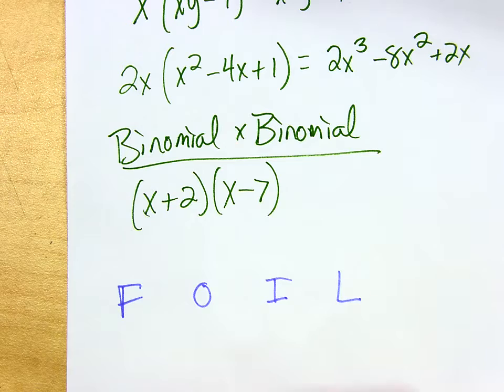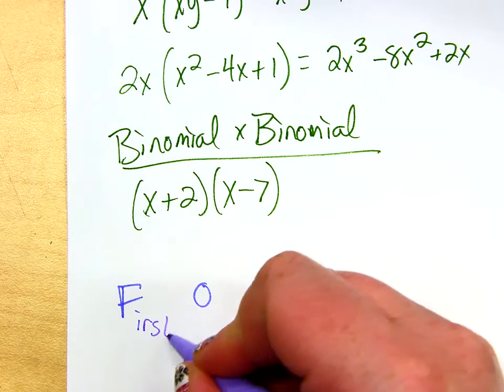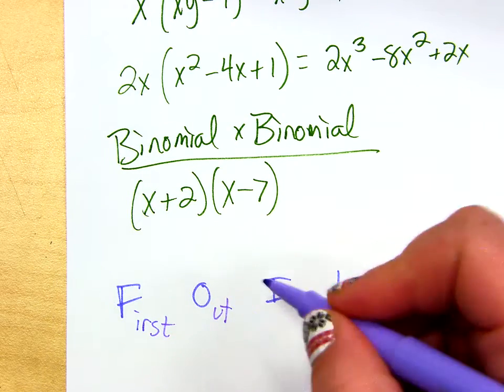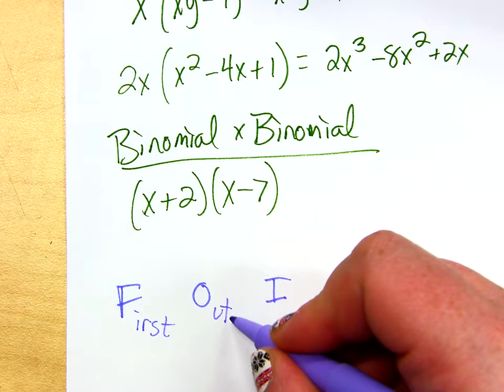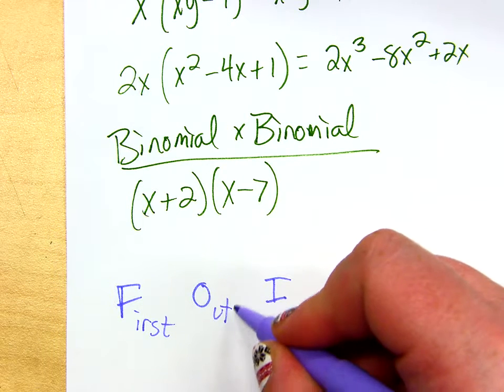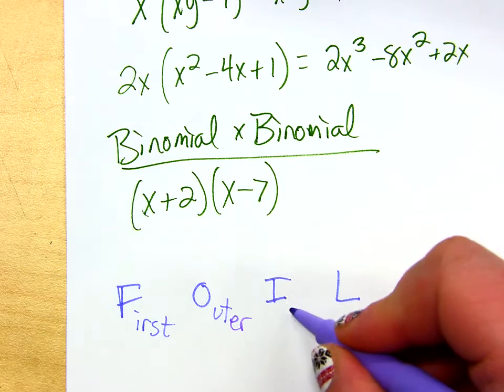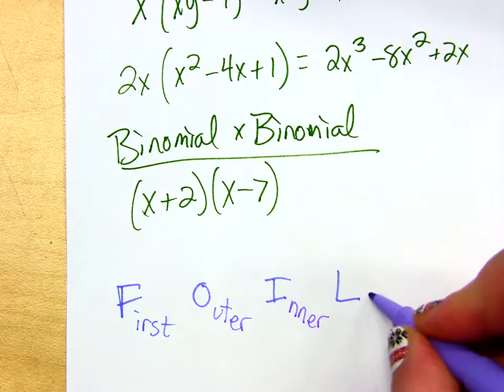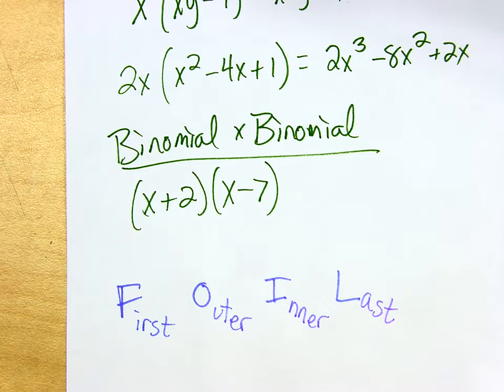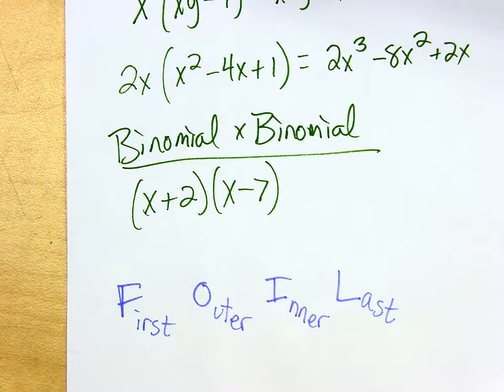And it stands for first, outside, but you can say outer, let's say outer, inner and last. So this gives you a nice handy reminder of how to multiply these two together, and you won't miss anything.